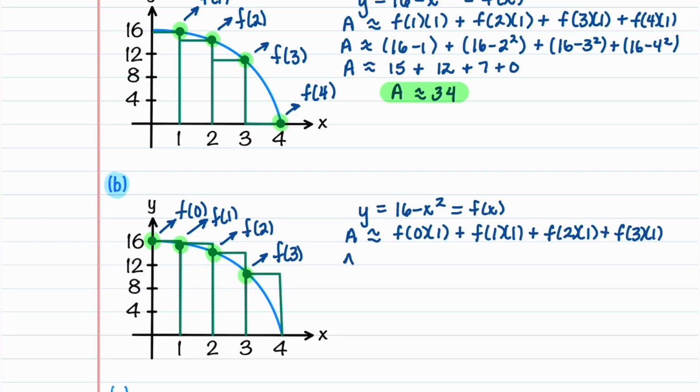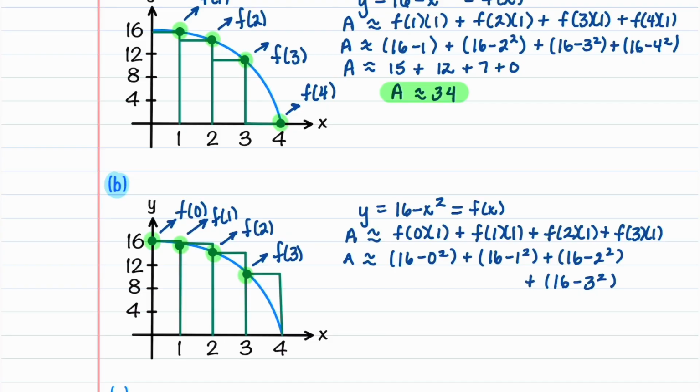Now let's go ahead and put this into our function, 16 minus x squared. Our first one gives us 16 minus 0 squared. We're going to ignore the ones for the width. And then our next one is 16 minus 1 squared, and then we have 16 minus 2 squared, and then our last one is 16 minus 3 squared.